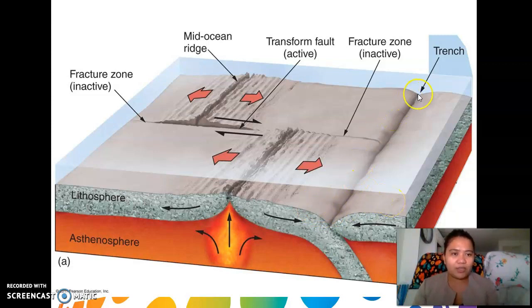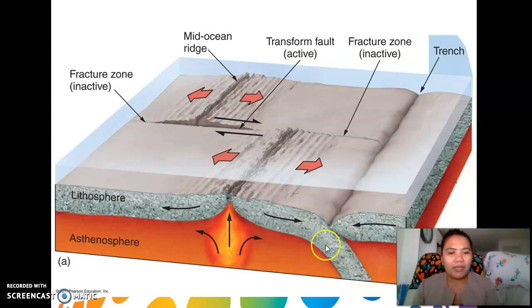Look at the effect here. It created a trench because the ocean floor is deep. Due to this interaction, it will still subduct because of its denser property. It will subduct and then go back to the Earth's interior.